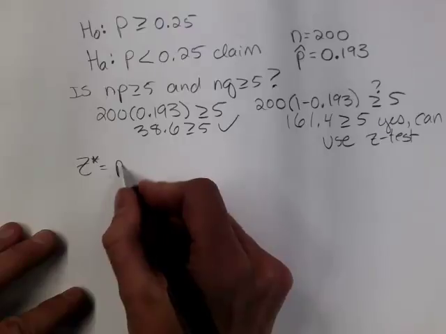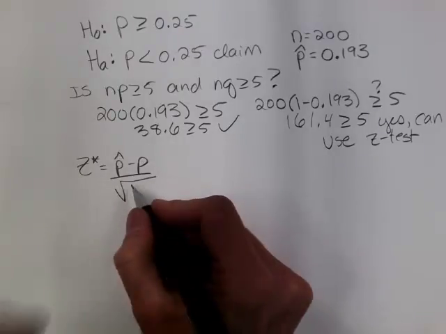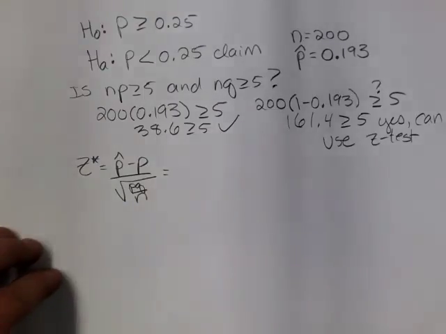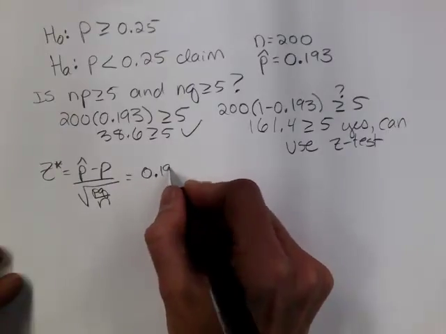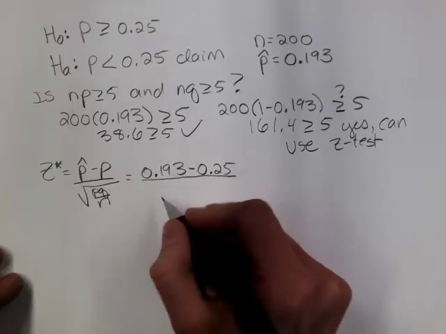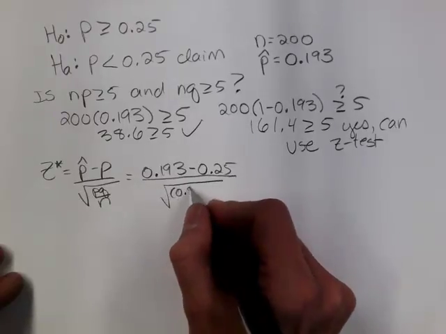Remember, it's p hat minus p over the square root of p times q over n. So plugging into this formula, I have 0.193 minus 0.25 over the square root of 0.25.